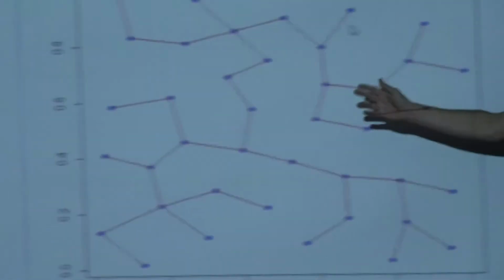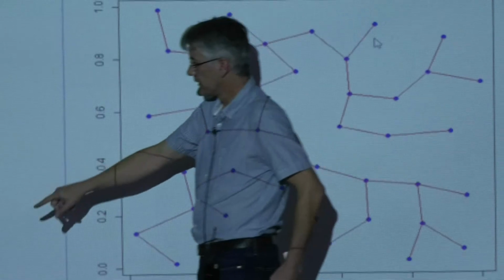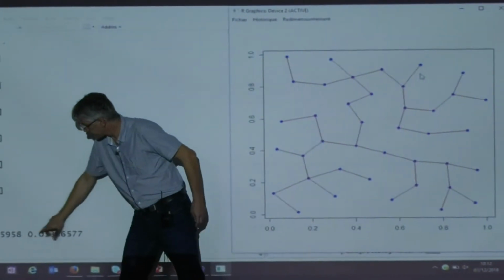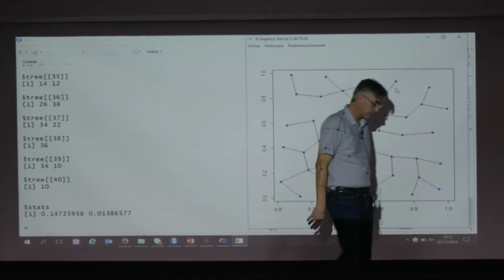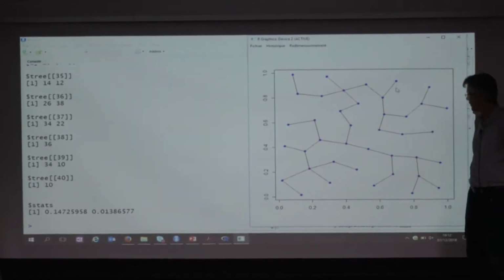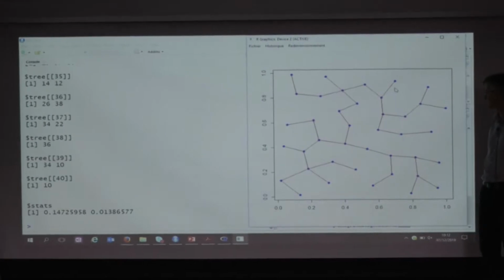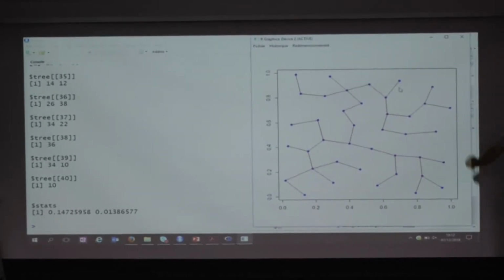It's capital X. I have my MST, and here it returns me the mean and the standard deviation of the arc length. Okay? So if you are interested, you can use this.